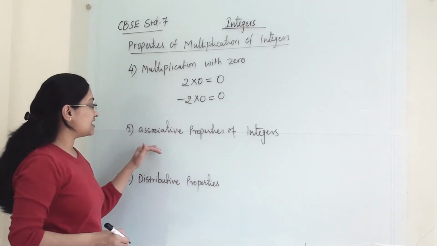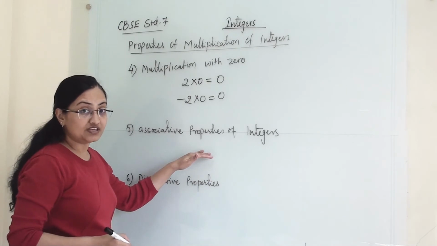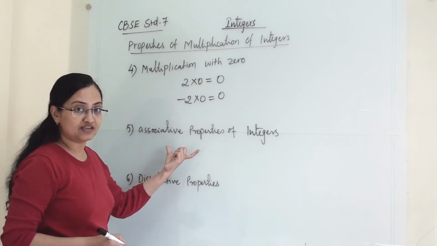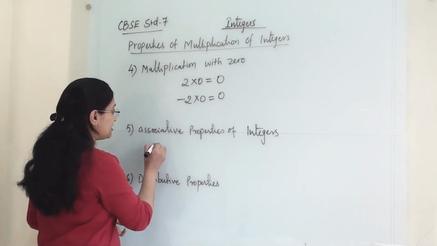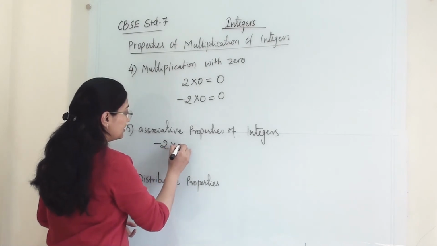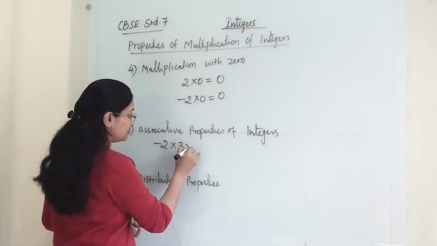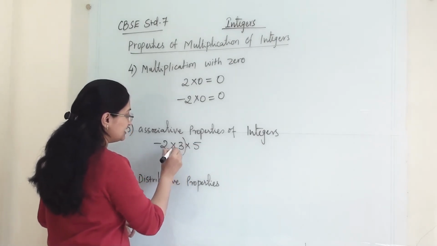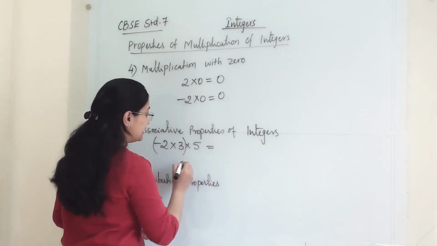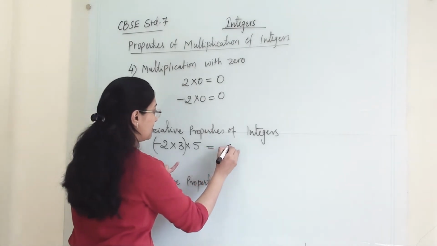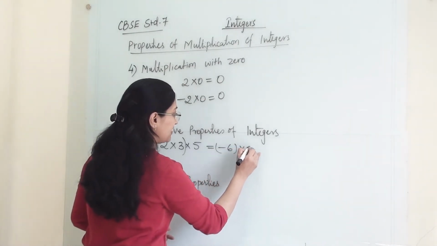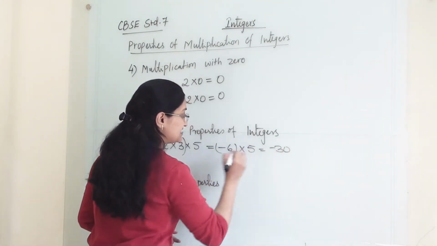Then next is the associative property of integers. Now what is the meaning of the associative property? If a group of 3 integers is there, minus 2 into 3 into 5, and the first two form a group, then the answer is minus 6 into 5. We will get minus 30 as an answer.